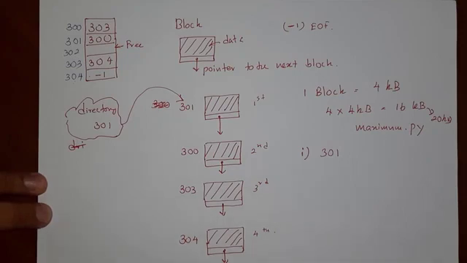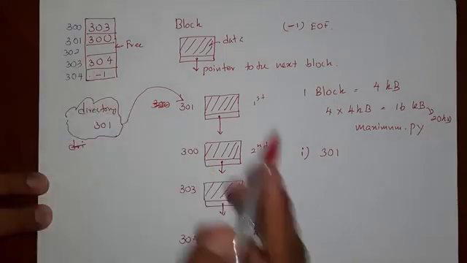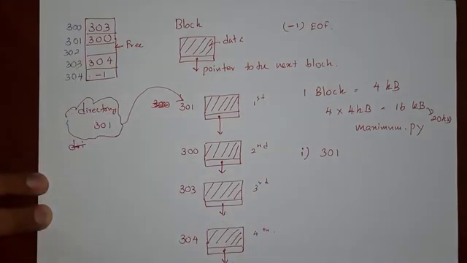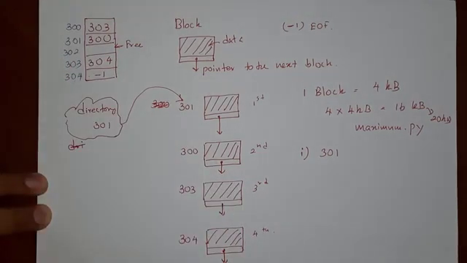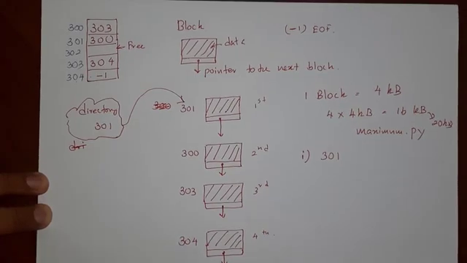So here you have to remove -1. Then you know this 302 is a free block, so you can allocate it here, 302, the fifth block. 302 points to -1. That's the end of the file.